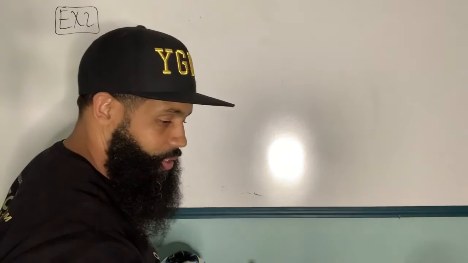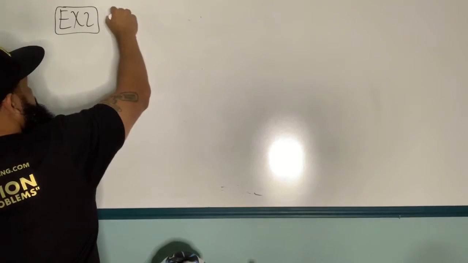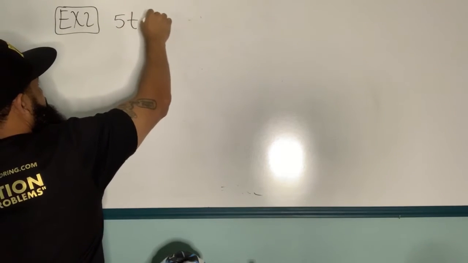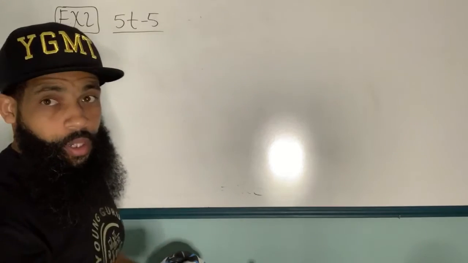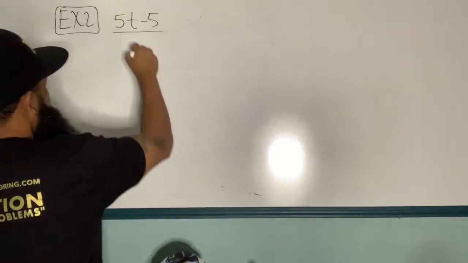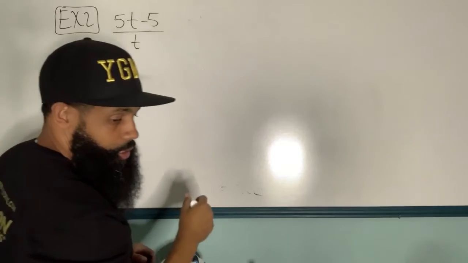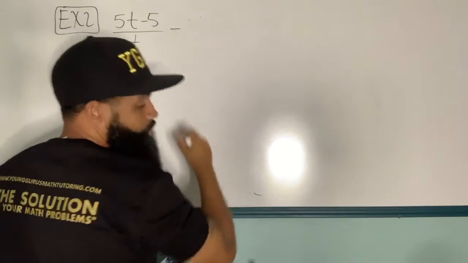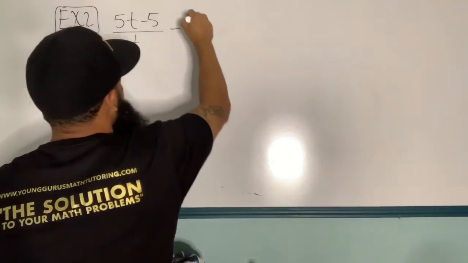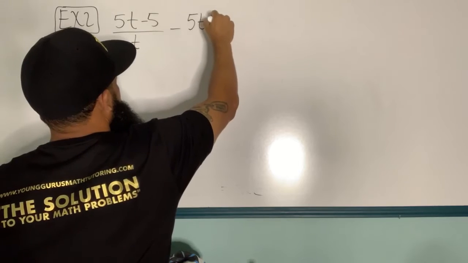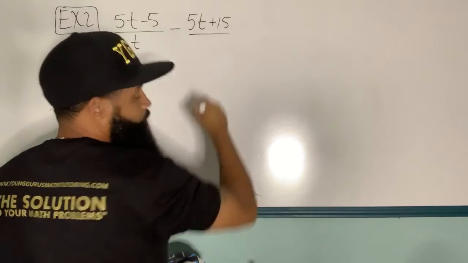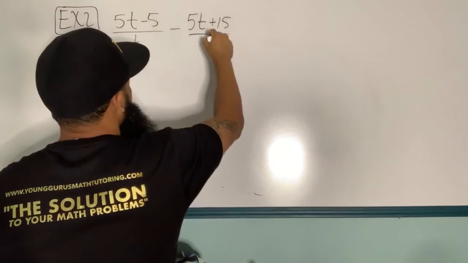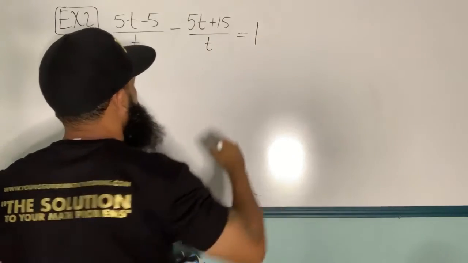So if I have 5t minus 5 over t, and then I have minus 5t plus 15 over t, and that equals 1.